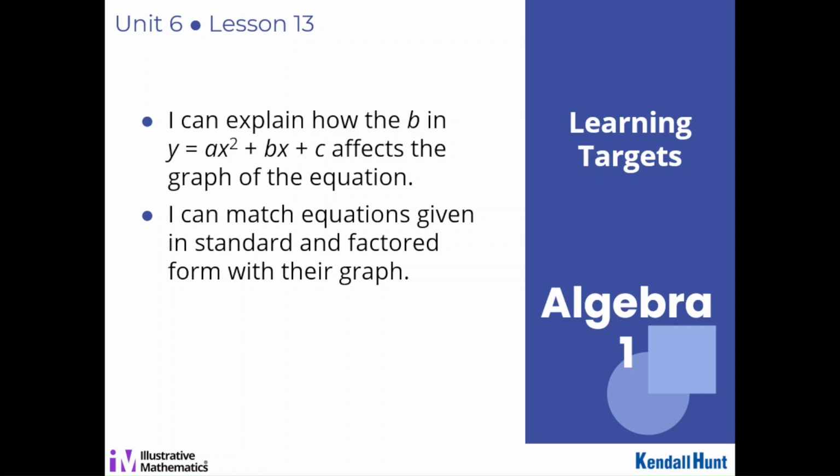So what you need to remember here is that the a and the b work together to either shift it down and left, down and right, up and left, or up and right, because you have 4 different possible combinations. Either a and b are both positive, a is positive and b is negative, a and b are both negative, or a is negative and b is positive.